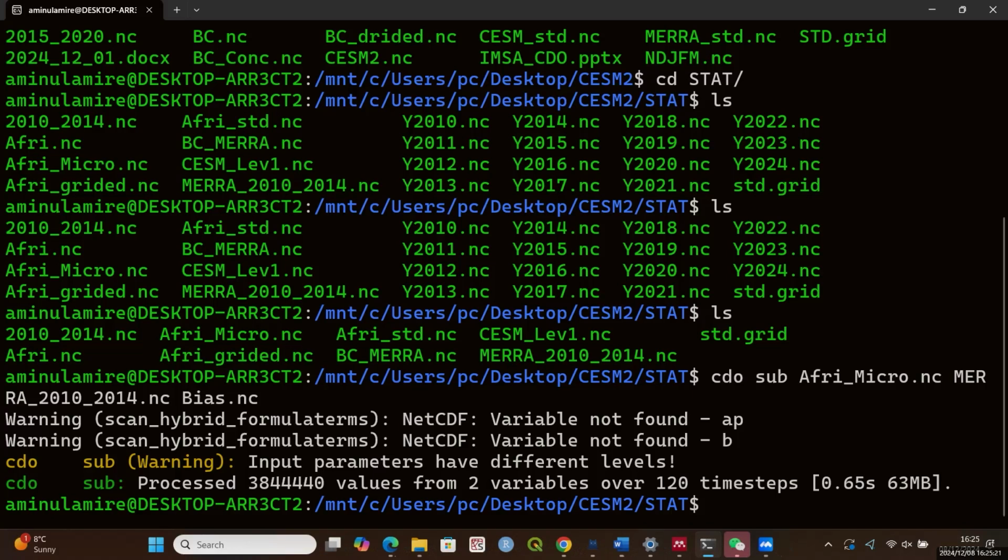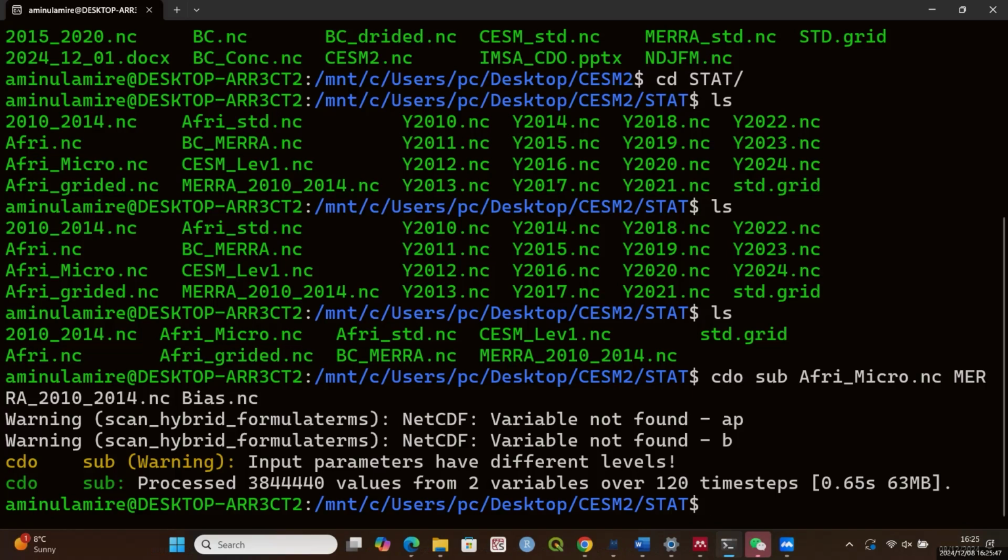If you have two files with the same spatial resolution, you can either divide, add, subtract or multiply. So that's how it works.